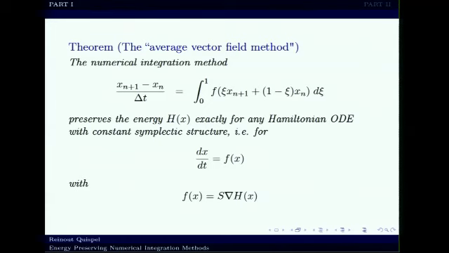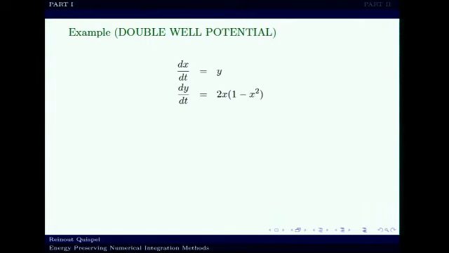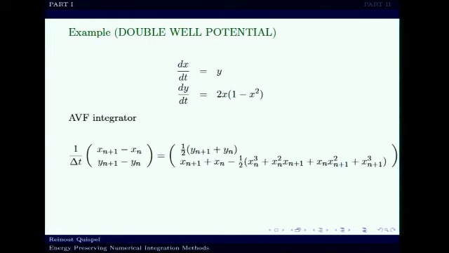So let me give an example of a simple Hamiltonian ODE. This is the simplest kind, one degree of freedom. I haven't written down what the Hamiltonian is here, but it's fairly simple. It's kinetic plus potential energy. And it turns out if you use that formula that I gave before, you get this expression.